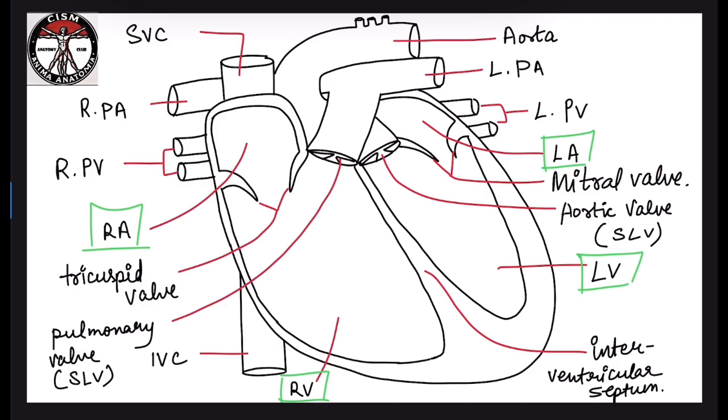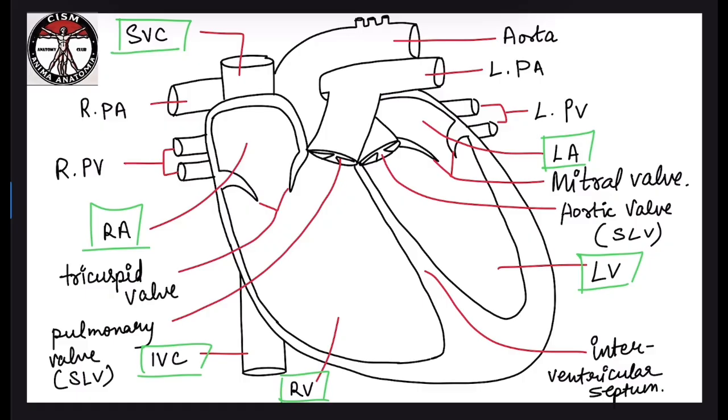There are two parts of the vena cava. The first is the superior vena cava, which goes to the superior part of the body, and the inferior vena cava, which supplies blood to the inferior part of the body.